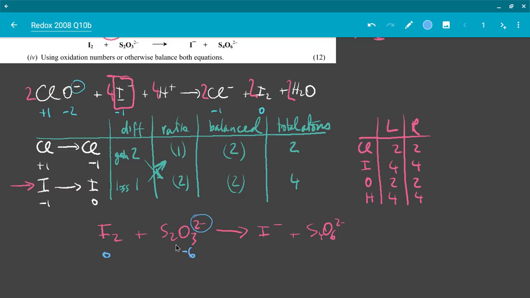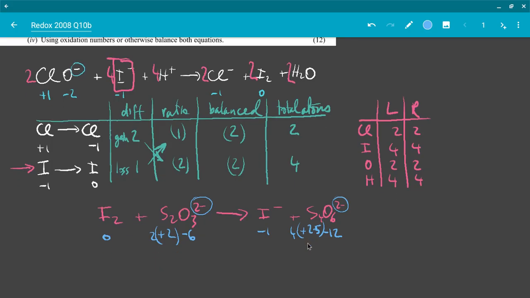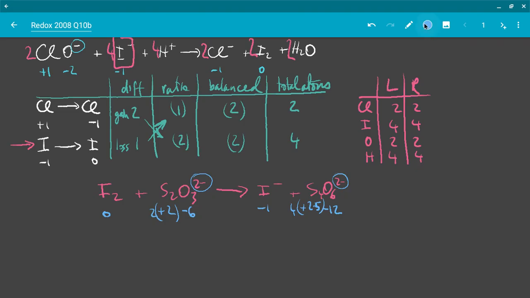So sulfur would be 4, but there's 2 of them, so it's +2, and iodine -1, and then oxygen is -2, and there's 6, so it's -12, and then the overall charge is -2, so I need this to be 10, but there's 4 of them, so it's actually +2.5. So we've got a decimal place oxidation number, if you haven't met that before. Important to note that's possible.